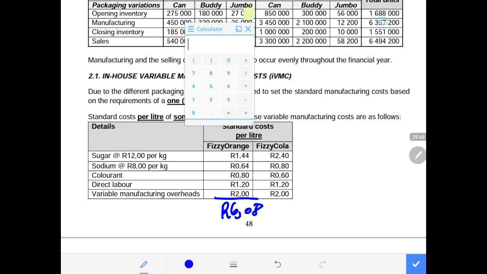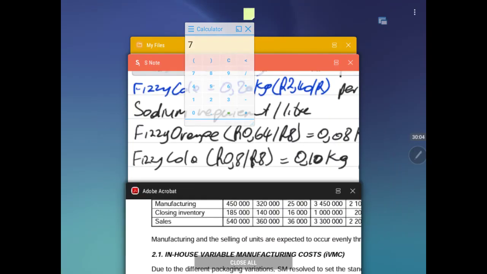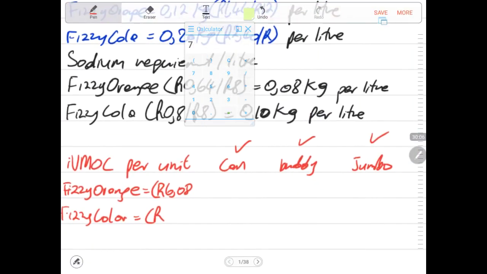Let me just verify: 2 plus 1 rand 20 plus 0.60 plus 0.80 plus 2 rand 40 cents. If this gives me 7 rand for the second term, then 7 rand must be the correct total in-house variable cost. Then now I need to multiply here.